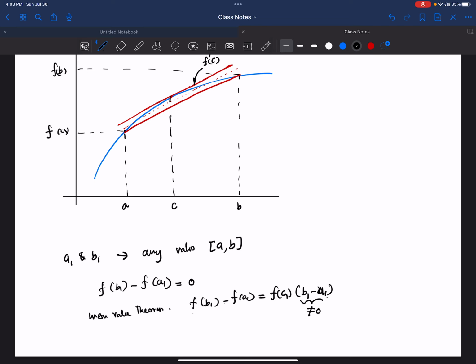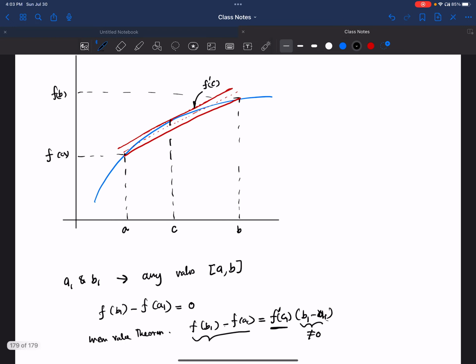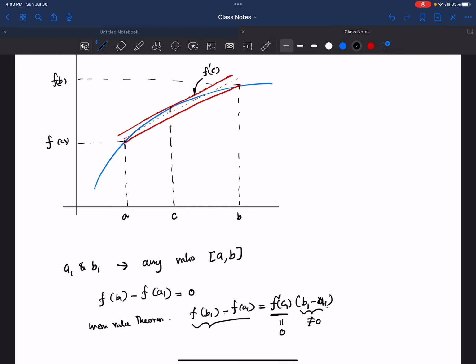Now, what makes this difference 0 is f prime C1 being equal to 0, right? So that means if f of B1 minus f of A1 is 0 for any values A1 and B1, then in between those two values f prime of C1 is equal to 0.